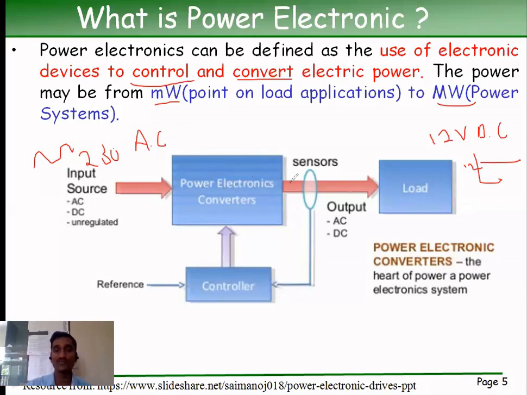Again, it performs other functions. Suppose, because of fluctuation, the power increases and we get 14 volt. At that time, the sensors and controller perform their functions and maintain the voltage again at 12 volt. Again, because of fluctuation, the power may reduce. The input may go to 200, and the output may go below 10 volt.